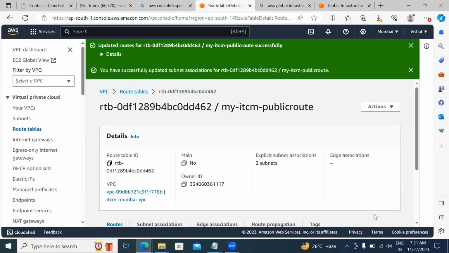Are you able to understand? The two subnets having the main route table are private. The public one has our public route table with two route rules. One is 10.10.0.0 local router, and 0.0.0.0/0 uses the internet gateway. So I'll go to that subnet and confirm once.